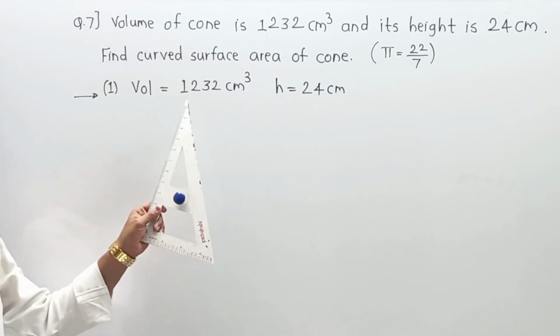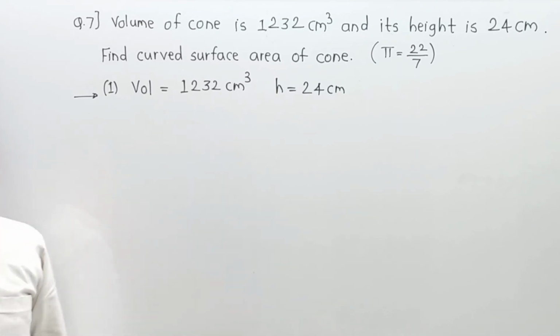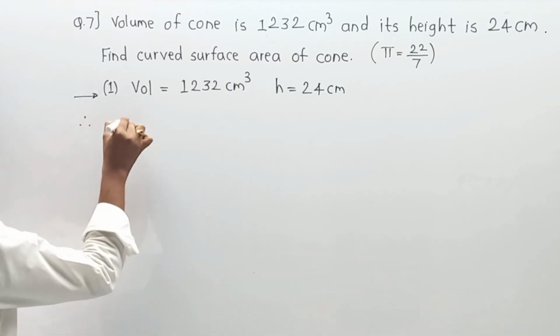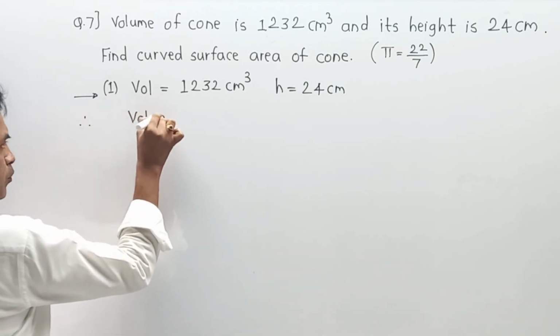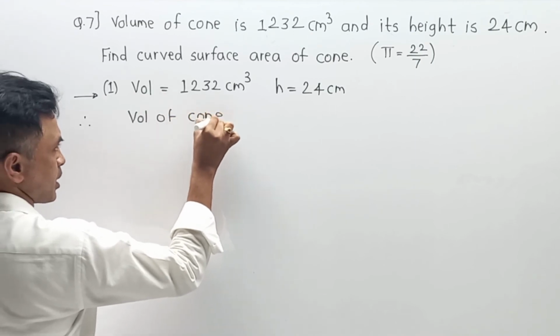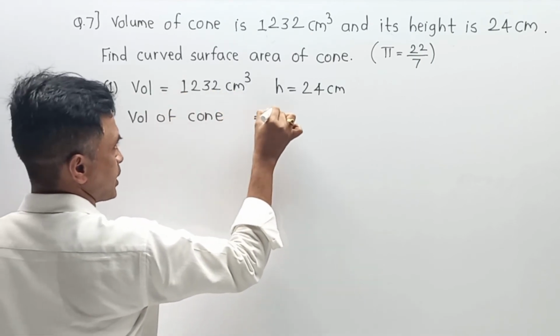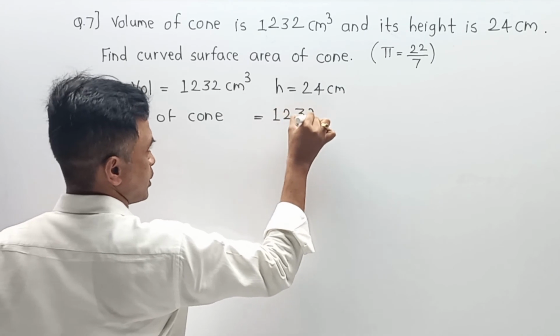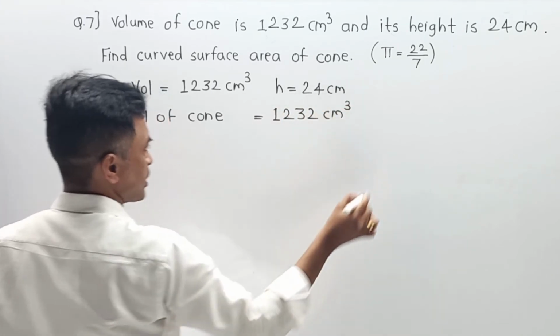Now, we know that the formula for the volume of a cone is 1 upon 3 pi r square h. Therefore, volume of cone, as per the calculated value, they have given as 1232 cubic centimeter.